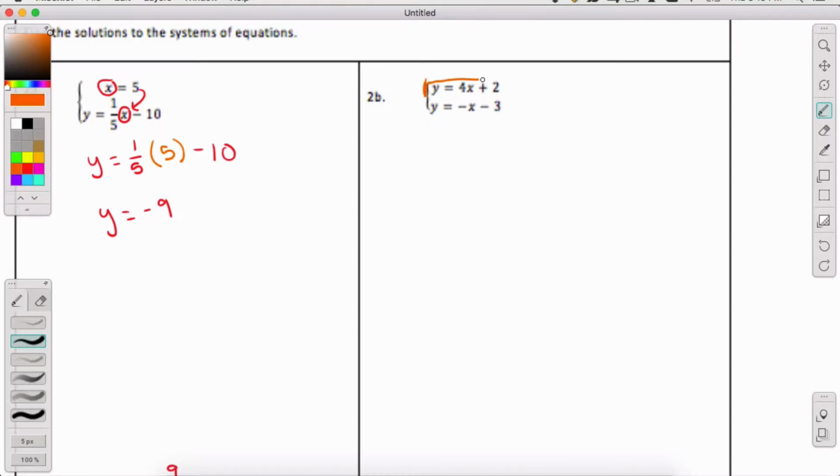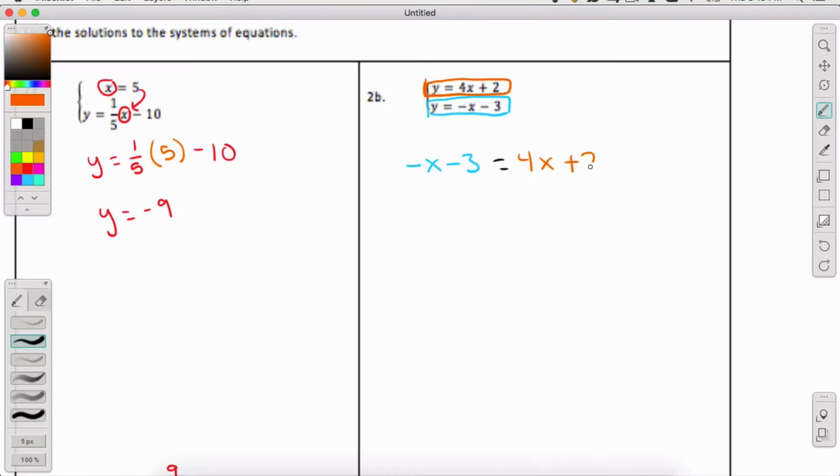This one is going to be orange, and the other one is going to be a pretty light blue. Because both of them equal y, I can set them equal to each other. So I'm going to do -x minus 3 equals 4x plus 2.